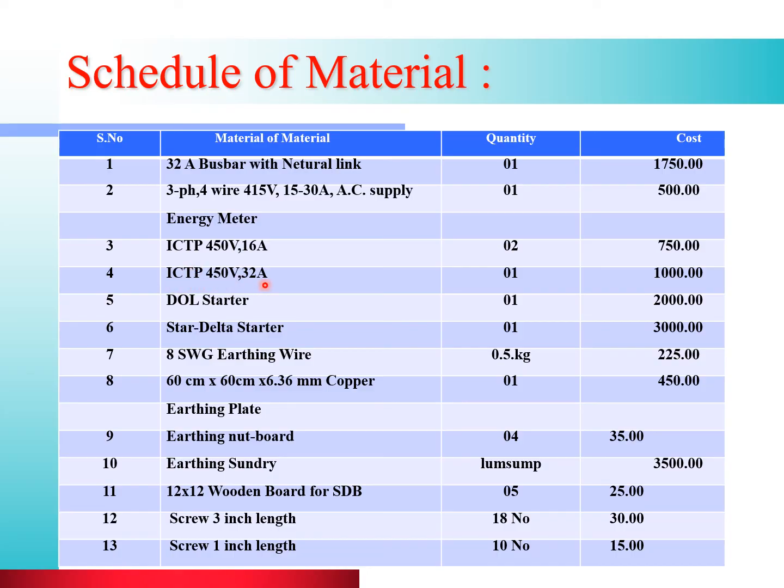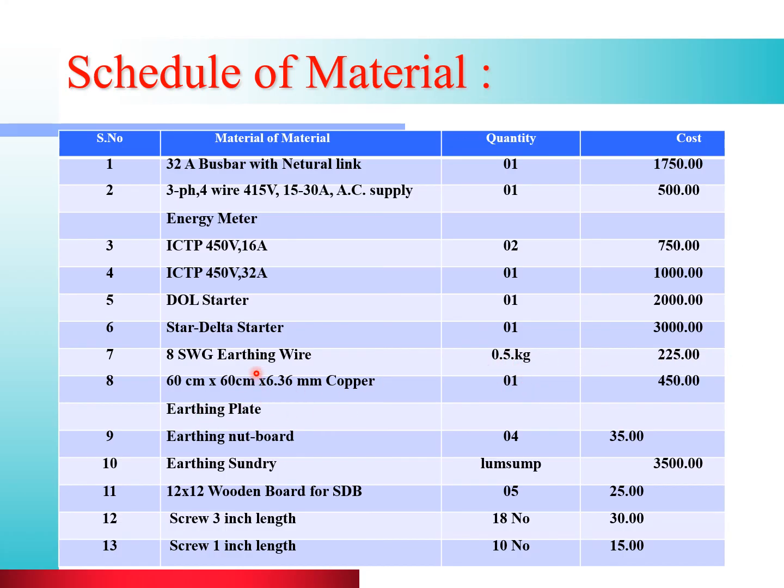Then ICTP 450 volt 32 ampere for the 5 horsepower motor, one quantity is required. Then direct online starter, one quantity is required. Star delta starter, one quantity is required. Then 8 SWG earthing wire, approximately half kg.